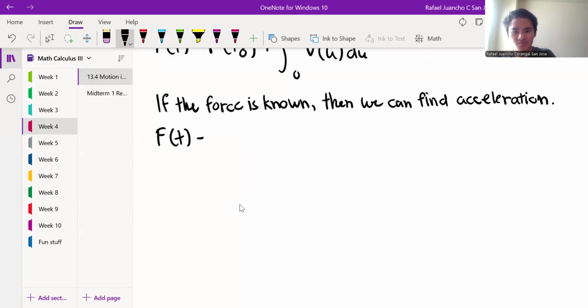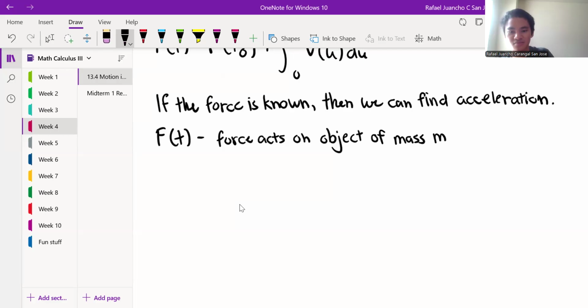is what? F of t is force acts on object. So some force that acts on the object with a mass. So we're going to say the mass is constant, a mass m, producing acceleration.